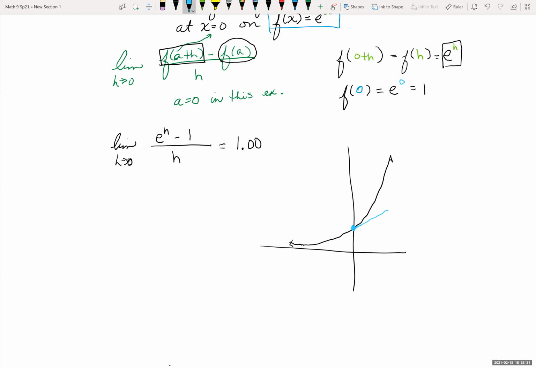They'd be going out this direction. That's the slope of this tangent line. It's the slope of the tangent line, but it's also the slope at this particular point, x equals 0, on that graph.